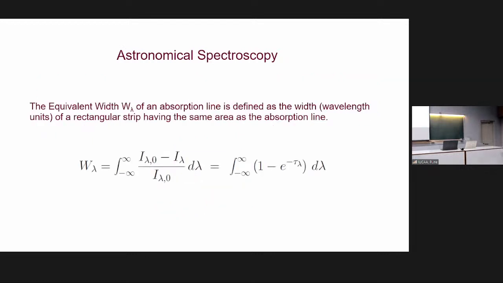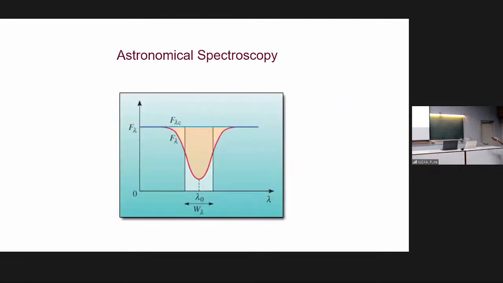Then we define equivalent width. So what is equivalent width? Equivalent width is something like this. We have a spectral line like this. We can create an imaginary rectangle which has the same area as that of the spectral line, and the width of this imaginary rectangle is known as equivalent width.